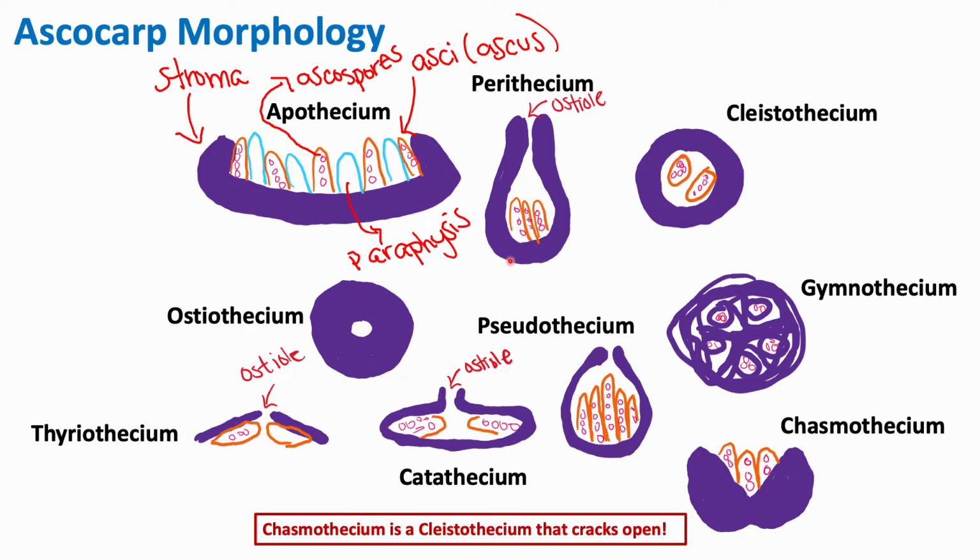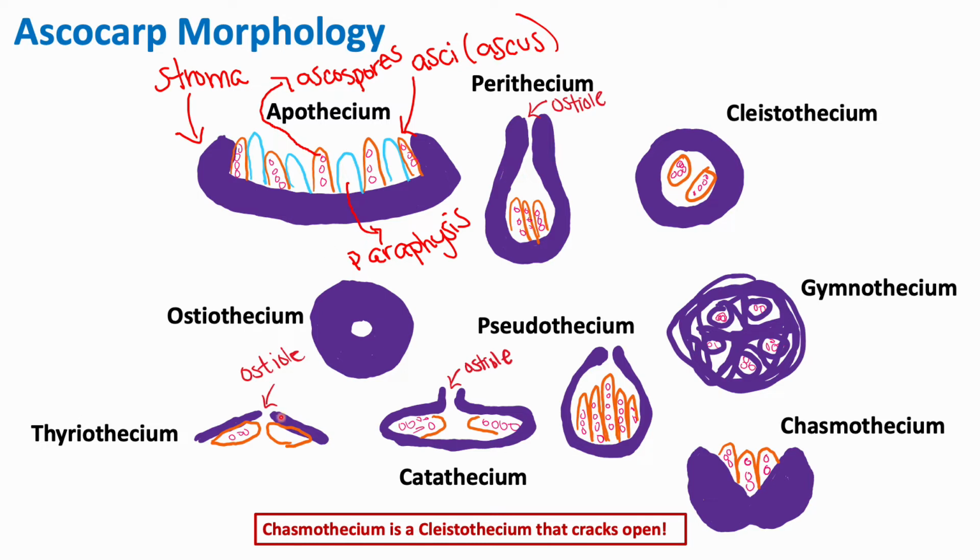Next we have the perithecium, and the perithecium can have the same structures as the apothecium. So it'll have the asci, it can have the periphyses, it still has the stroma, but the shape is different. The perithecium has this flask-like shape instead of this open bowl-like shape. Now, another thing I want to mention is that the periphyses do not have to be present in all apothecia.